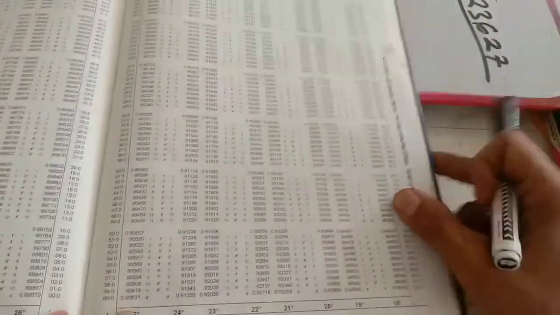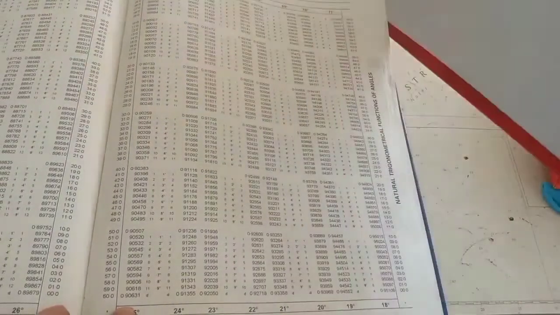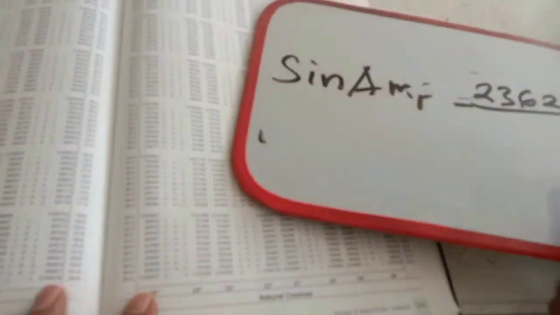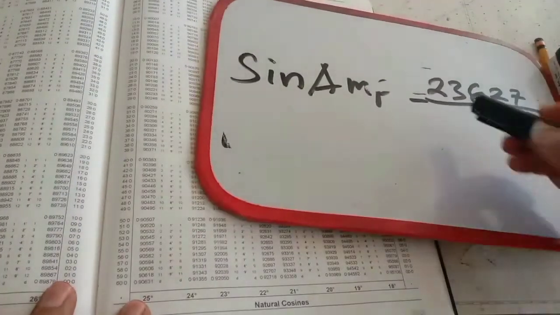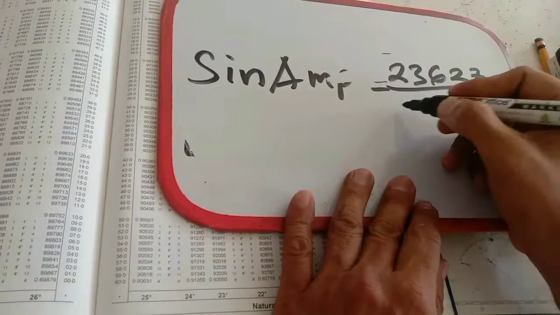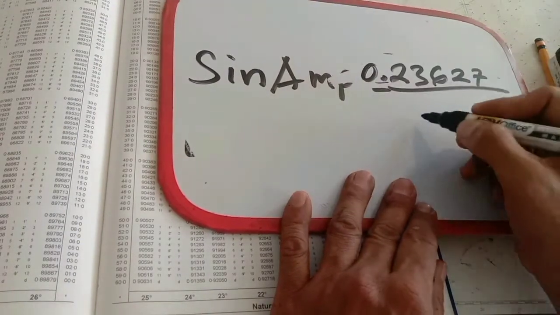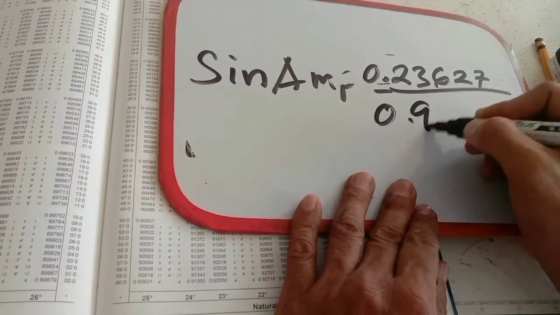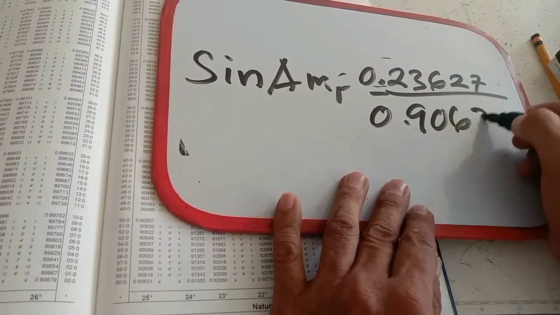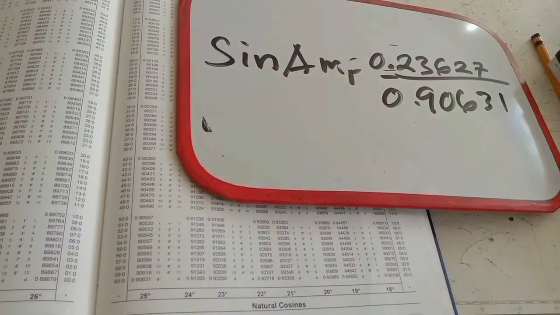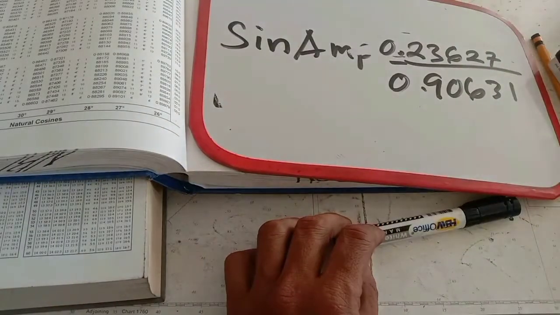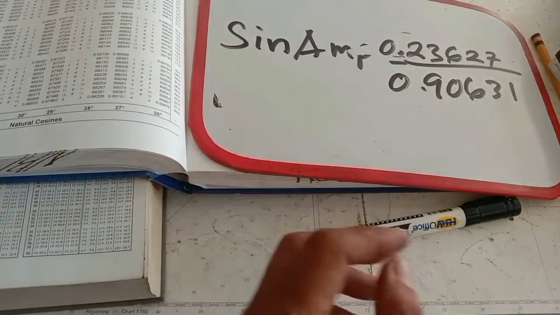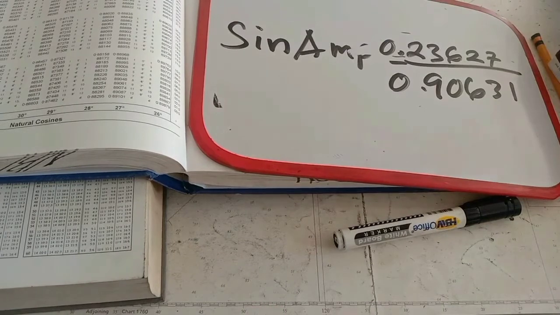So, this is the value of the cosine latitude. The value is 0.90631. So, ngayon, this one will be divided using the calculator. Gagamitan natin ang calculator to.